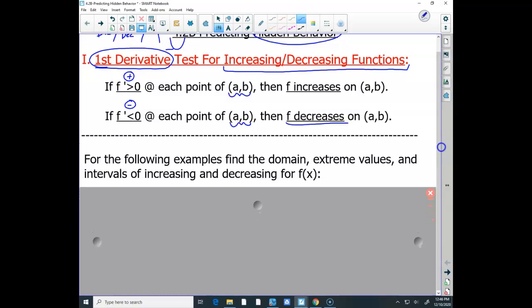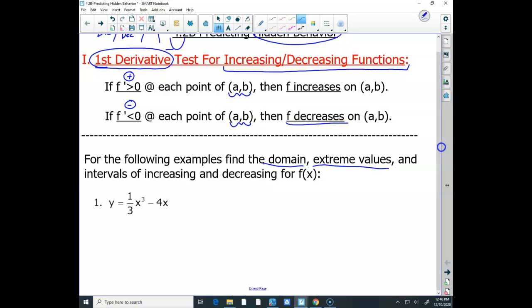So for the following examples, find the domain, extreme values, and intervals of increasing and decreasing for f of x. Well, these mean I need critical points, intervals of increasing and decreasing.